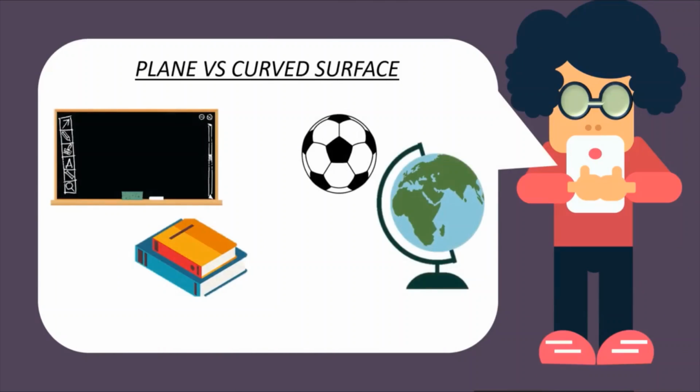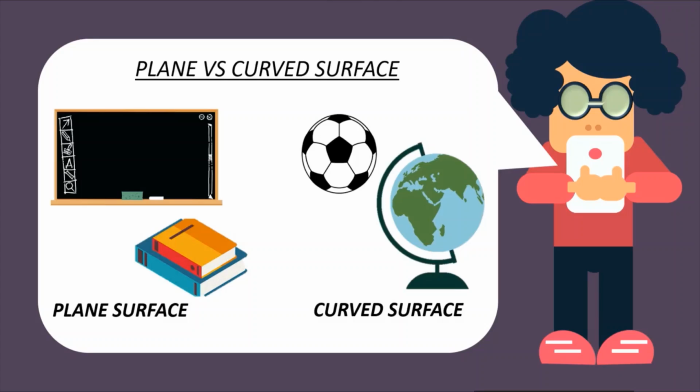Before we move further, we need to know what a plane surface and a curved surface are. A plane surface is a flat surface, while a curved surface is a circular, round surface.